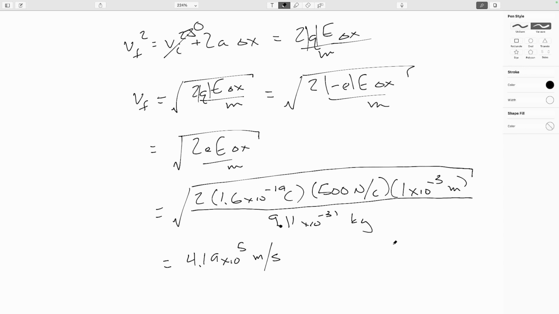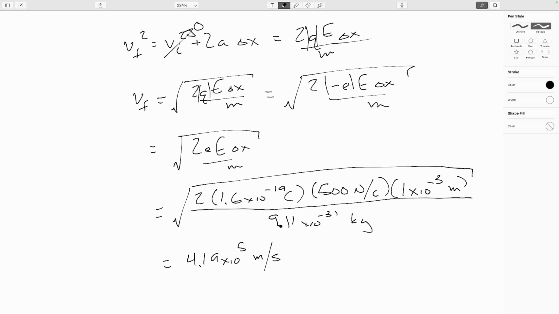So about 0.13% of the speed of light after having just traveled a millimeter. That's pretty impressive. This is both a testament to the strength of the electric force and also to the extremely low mass of the electron.